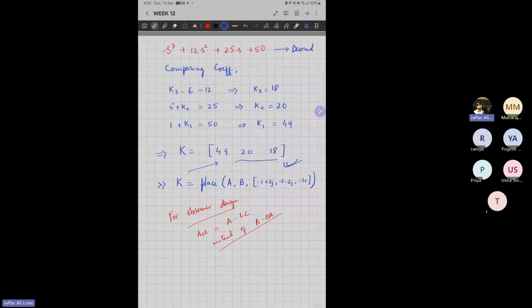I'll just recap what's in the assignment. First question is based on controllability and observability. There is nothing difficult. Just apply Kalman's test, like C, CA, and so on, or B, AB, and so on.